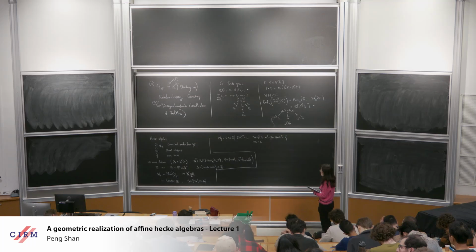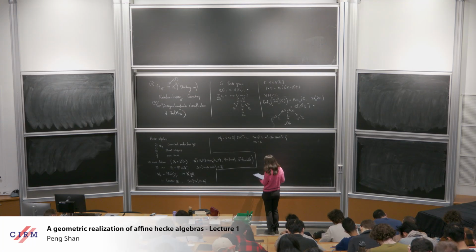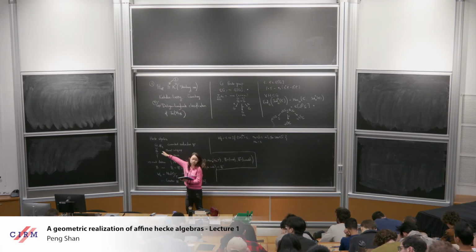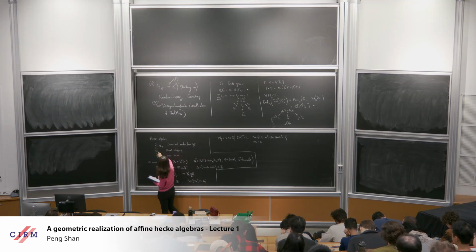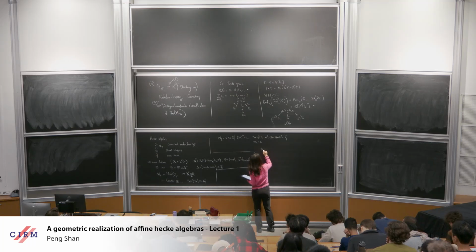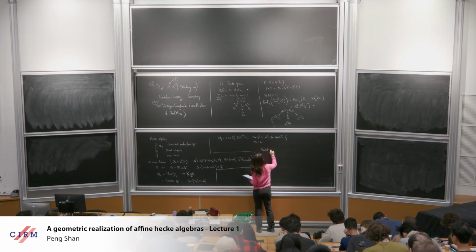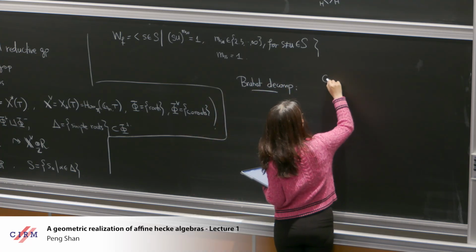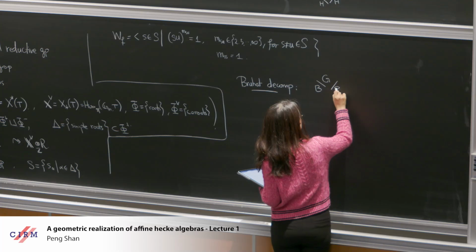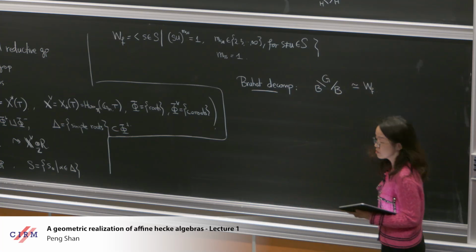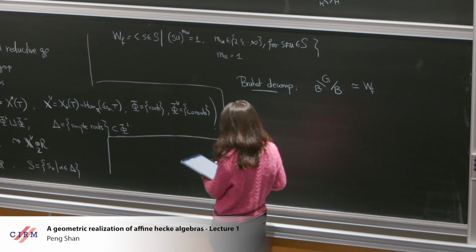So our Weyl group has a presentation like this. And now we want to perform the convolution product in this setting. So first of all, I want to consider the finite group G(F_q), and then consider the double cosets by B(F_q). By Bruhat decomposition, we know that the B double cosets on G is indexed by the finite Weyl group. So there's a natural bijection like this.